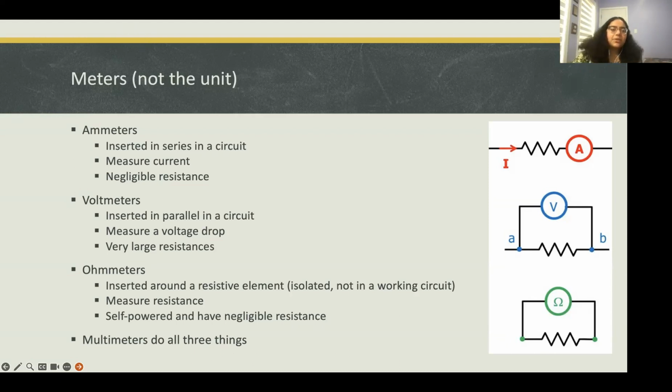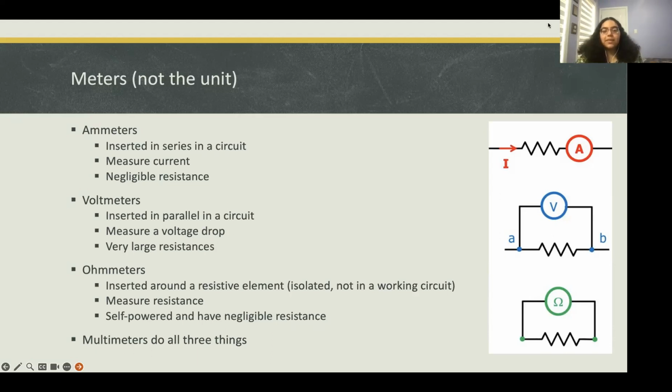As I was saying, in series, the current is always the same. So you can just put that in the middle of your circuit and it'll experience the current and how fast everything's flowing. And it has a very negligible resistance. Whereas a voltmeter, you put in parallel, because as mentioned, in parallel, every branch will have the same voltage drop.